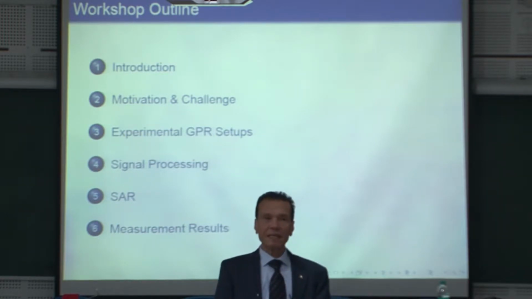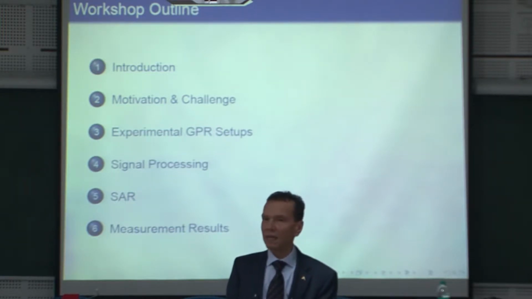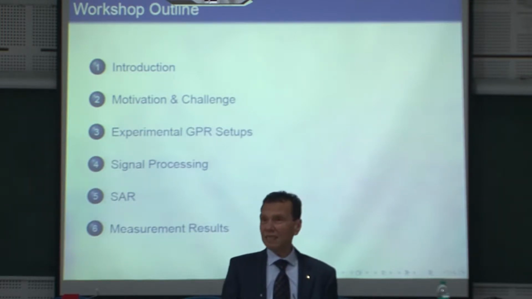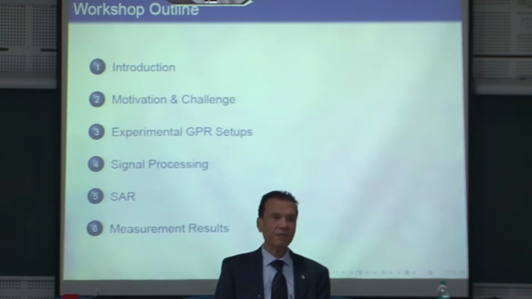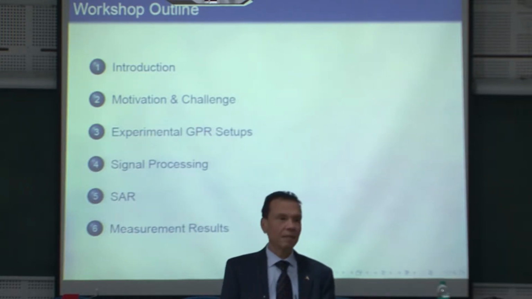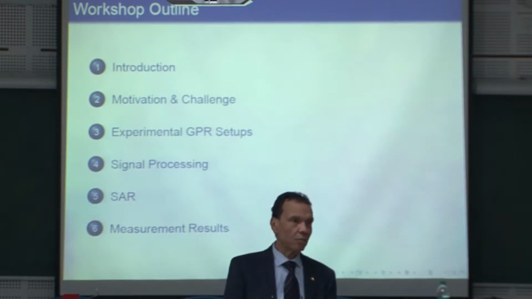Because if we agree that the separation between adjacent antenna elements is lambda by 2, and you have 100 elements, you have 50 lambda. So 50 lambda at 1 megahertz is not 50 lambda at 10 gigahertz or in terahertz.